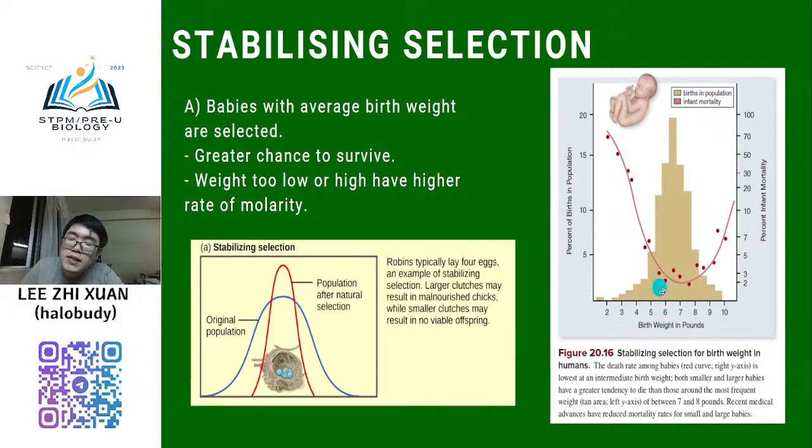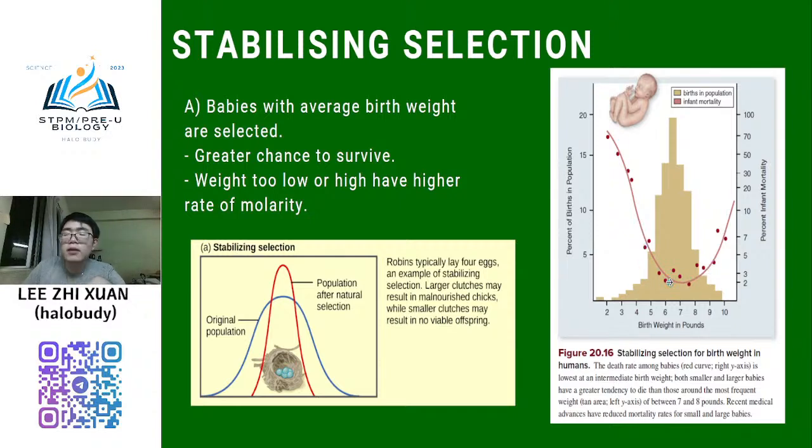If the baby has a very low weight or very high weight, the mortality rate, the death rate, is very high compared to here. But at the intermediate body weight of the baby, the death rate is very low.